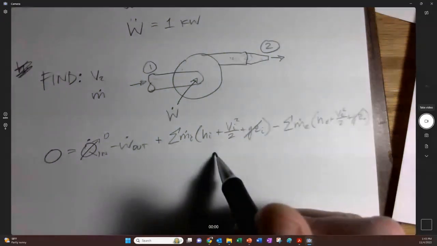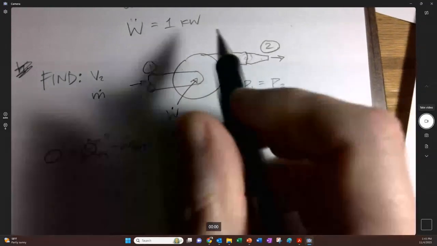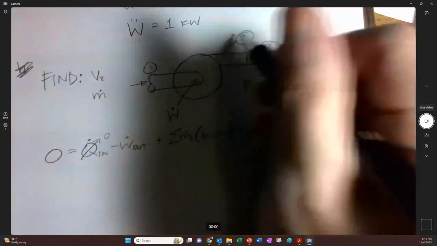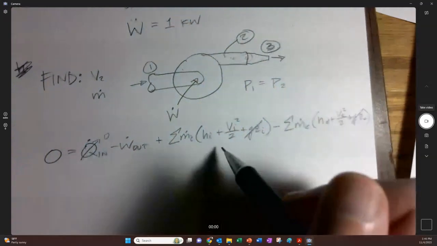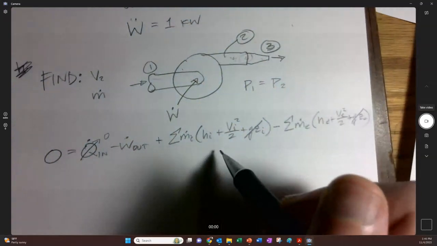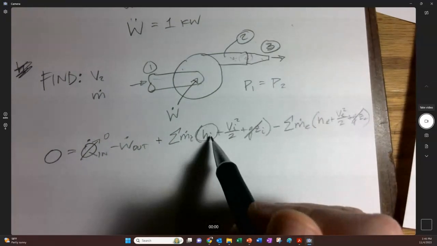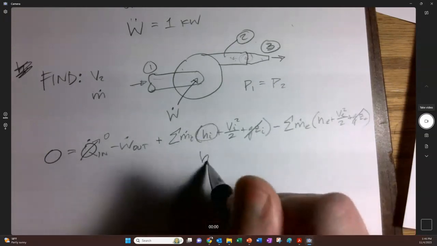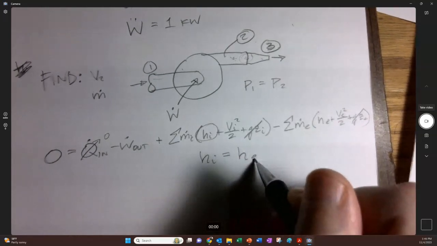We're going to say that P1 is equal to P2. I think I'm going to make that 2, and I'll make that 3. Sure. So this is one of the ones where we were also for a pump. Gotcha. That h_i is going to be equal to h_e.